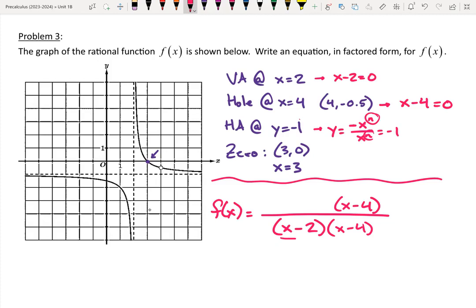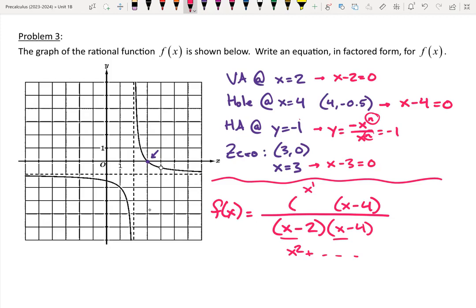Right now, if I was to multiply these, I would have x squared plus, whatever. And right now, this would just have x to the first. So do I have the same power? I do not yet. But I do have one more piece of information here. I have a 0 at x equals 3. So if I include that, that would be x minus 3 equals 0.